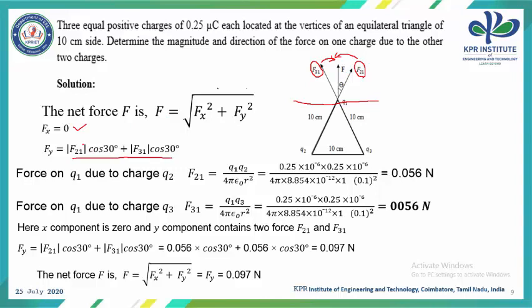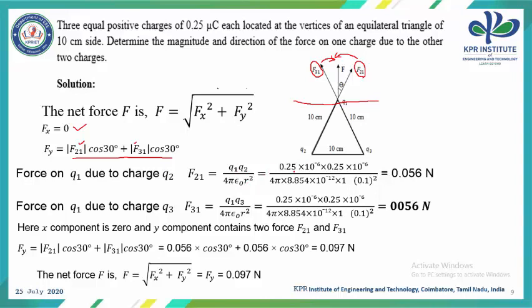Now you want to find F21 and F31. F21 equals, you know the basic formula, Q1 into Q2 divided by 4 pi epsilon naught epsilon r into r squared. Here epsilon r is equal to 1. Just substitute all the values.